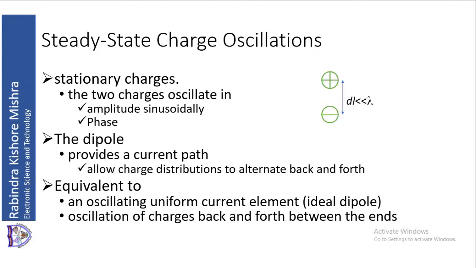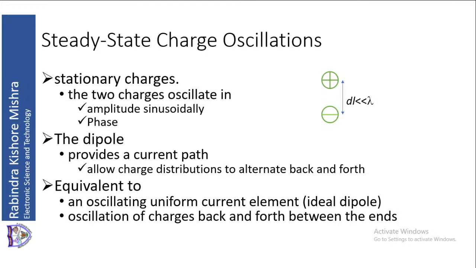Now let us consider steady state charge oscillation. What happens if we have a steady state charge oscillation? Look at two charges here, a positive charge and a negative charge, which are separated by an infinitesimal distance dl. By infinitesimal distance we mean dl is much smaller compared to lambda, where lambda is the wavelength.